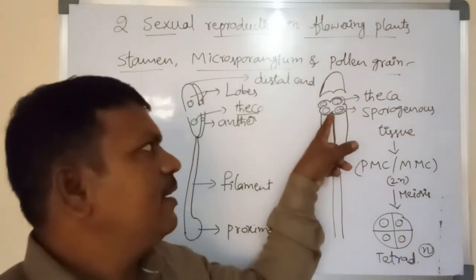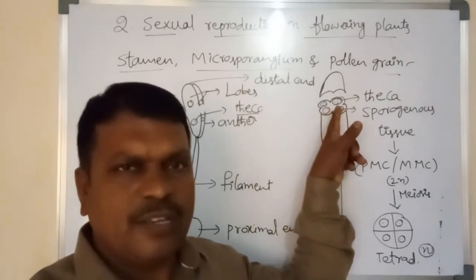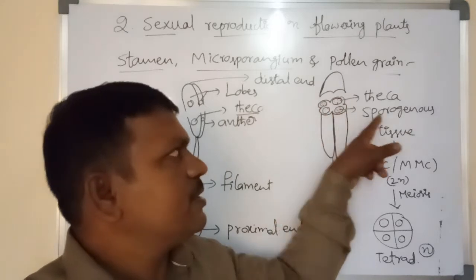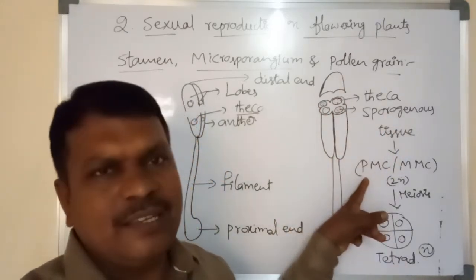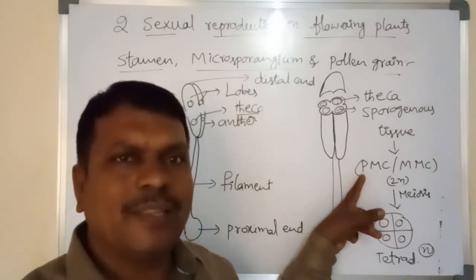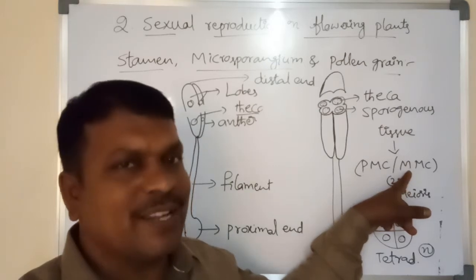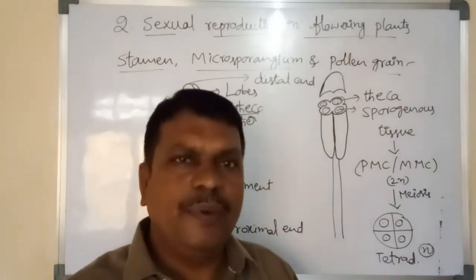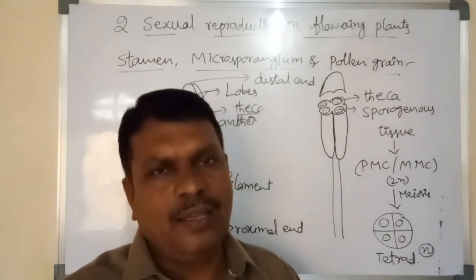So each and every theca, just now I told, theca is also called microsporangium or pollen sac. Hence theca is filled with the sporogenous tissue. Sporogenous tissue is made up of PMC. PMC stands for pollen mother cell, otherwise called MMC, microspore mother cell. Don't get confused. There are two meanings for MMC: microspore mother cell, megaspore mother cell.